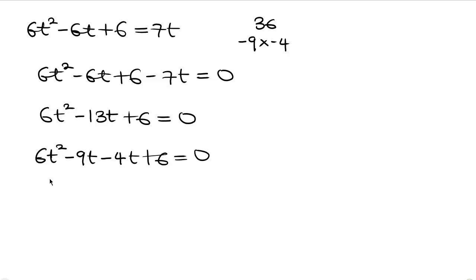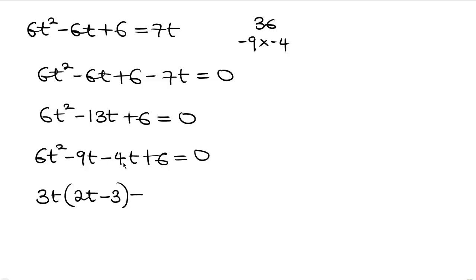Now let's factorize. You notice that 3t is common, so we can factor out 3t. Now 6t squared divided by 3t, I'm going to have 2t, minus 9t divided by 3t, I'm going to have 3, minus.